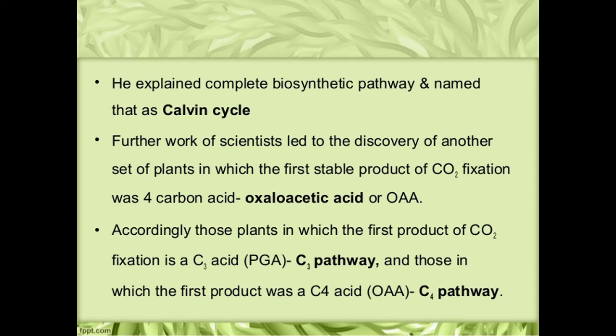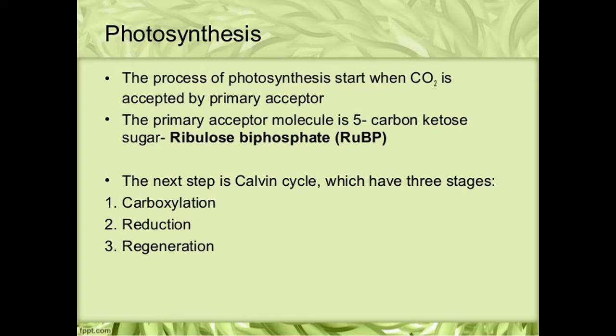The Calvin cycle consists of three main parts. What are the three main parts? Carboxylation, reduction, and regeneration. Okay, a molecule of ribulose bisphosphate is carboxylated by CO2.